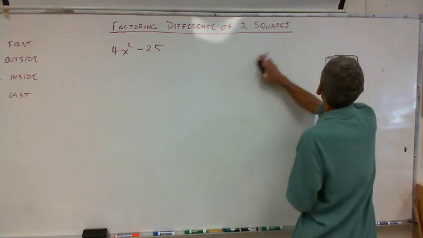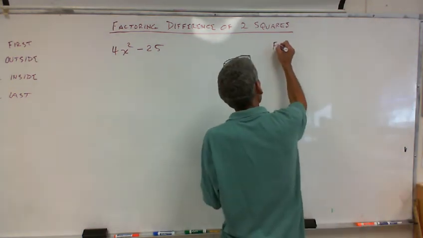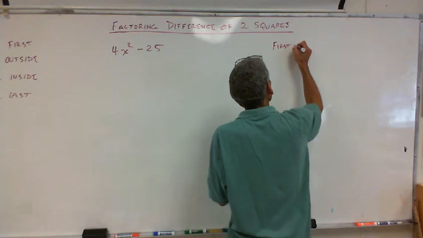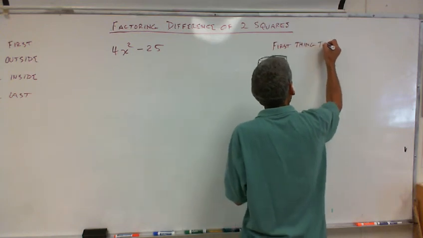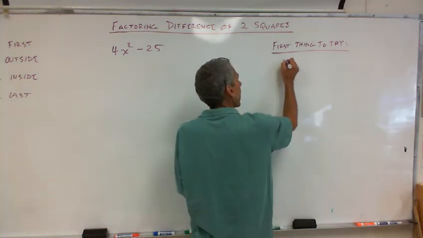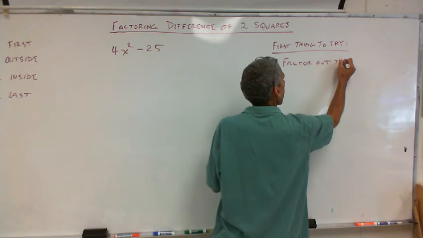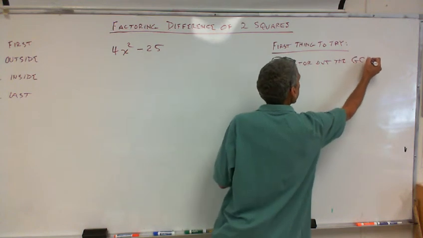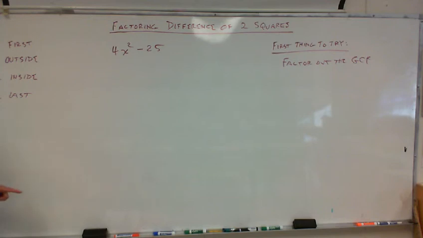Before you actually factor it using the method I've taught, this is the first thing you try. First thing to try is to factor 2x out, the greatest common factor. Okay, that's what you always try before you go anywhere else.